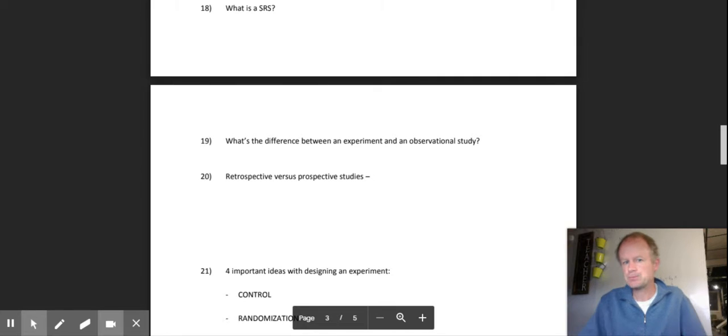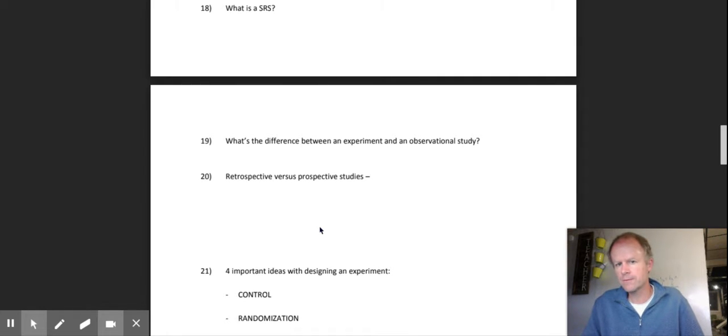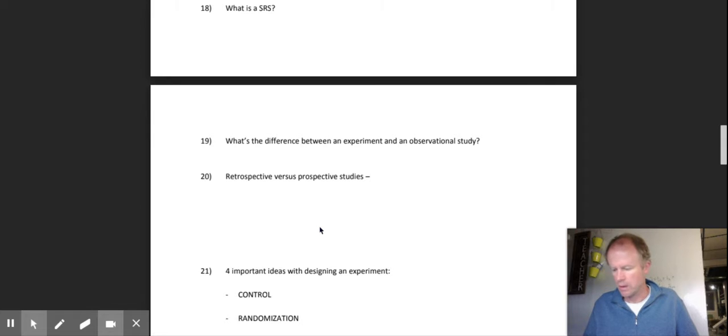Number 19, what's the difference between an experiment and an observational study? Well, with an experiment, we want to remember that you always have some sort of treatment and that's imposed on your subjects. In an observational study, we're just kind of sitting back and looking at some set of data and making conclusions on it.